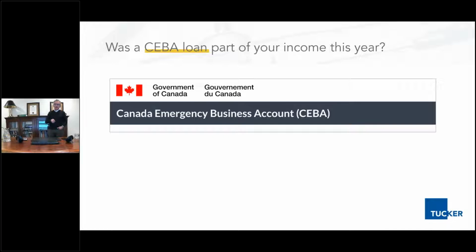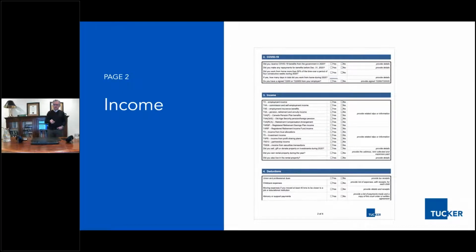So you might remember that part of the condition of this program was that by December 31st, 2022, you would repay the $30,000 of the $40,000 loan, or then when they changed it to 60, you would repay 40 of the 60. Well, the government's saying, we gave you that money this year, report it in income and pay tax on it. Not in 2 years when the money comes due, you do it now. All right, so I'm just drawing that to your attention.